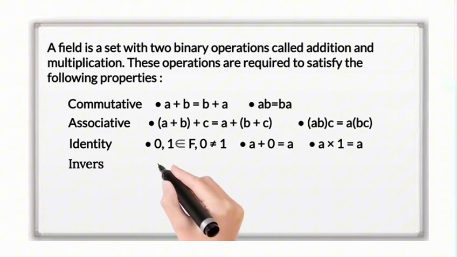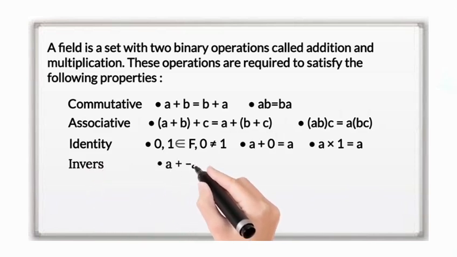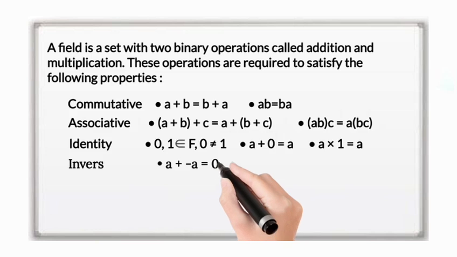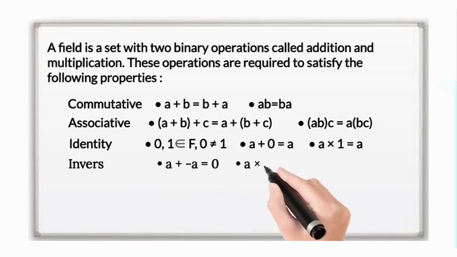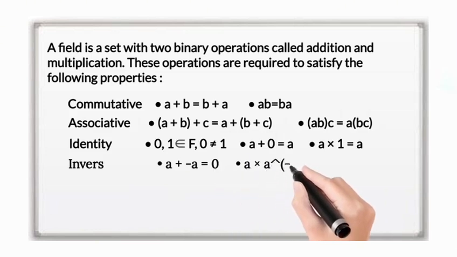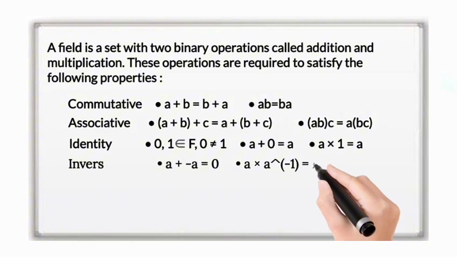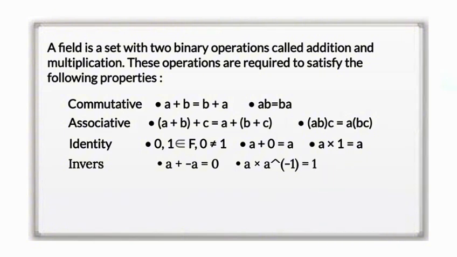For addition, for every number A, there exists an additive inverse value, negative A, so that if you add these elements together, you get the identity element of addition, which is 0. Similarly, for multiplication, for every number A, there exists a multiplicative inverse value, A to the power of minus 1, so that if you multiply these elements together, you get the identity element of multiplication, which is 1.